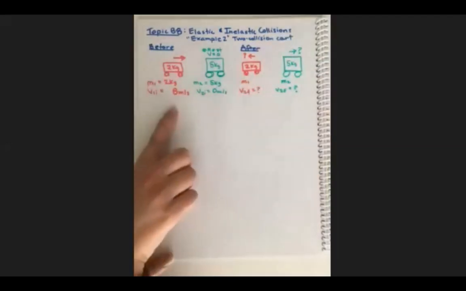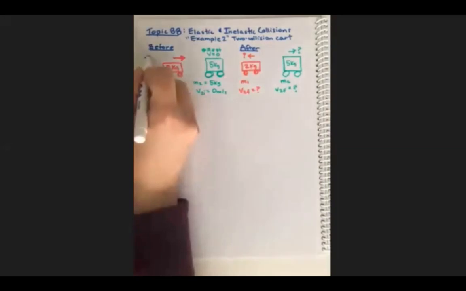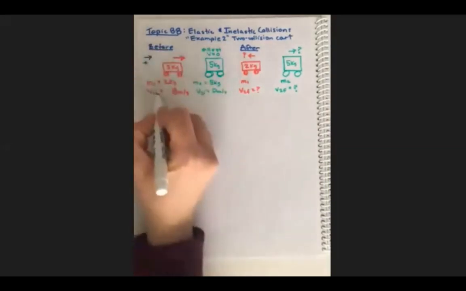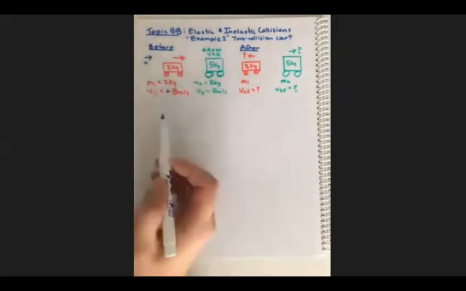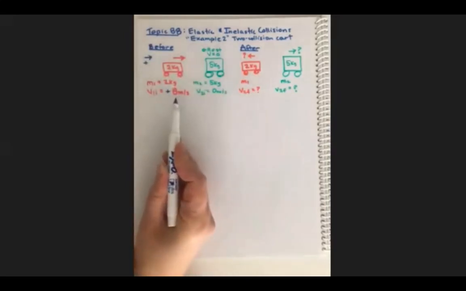I've labeled all of my given information. It's really important to do that before and after diagram, and also establish our positive direction. You can arbitrarily select right or left in this one-dimensional collision to be positive. I'm going to say that to the right is positive, so my v1i, the initial velocity of object 1, is positive 8 meters per second.